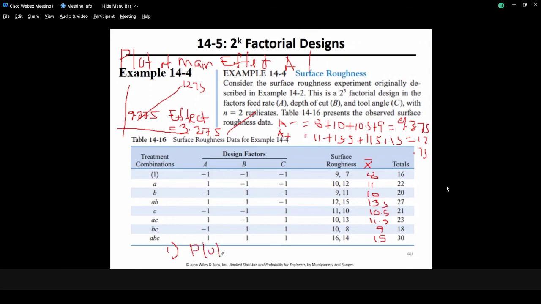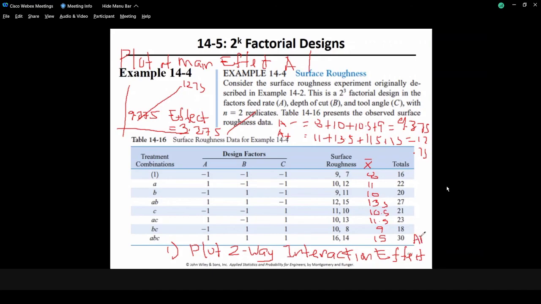Plot the two-way interaction effect. Maybe AB. Plot.